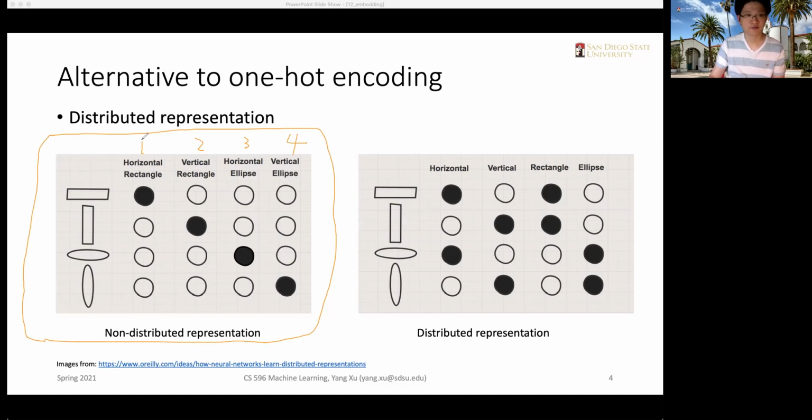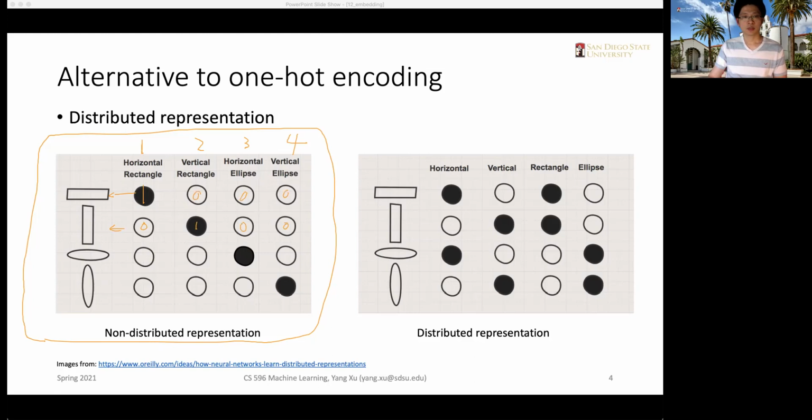Like the first feature says, this is a horizontal rectangle, so it only applies to the first object. The first object only has a 1 here, but all the others are 0. This is similar to our one-hot encoding. The second is called a vertical rectangle, so the vector for the second object would be 0, 1, 0, 0.